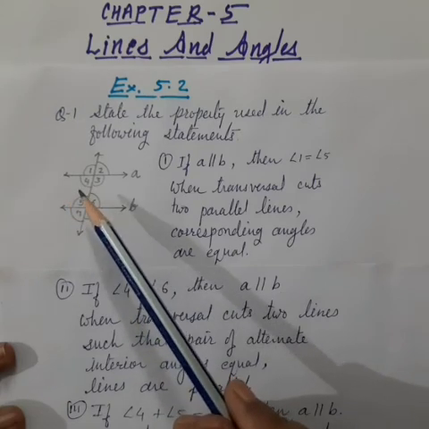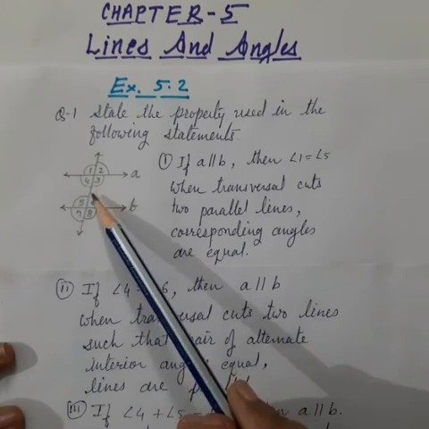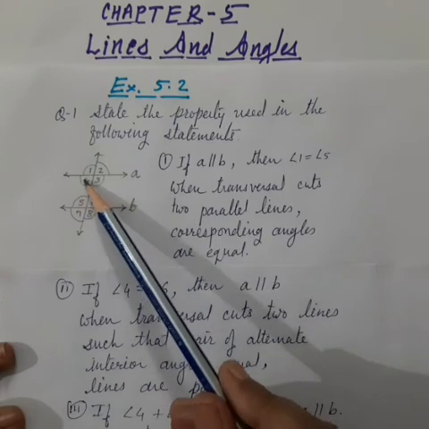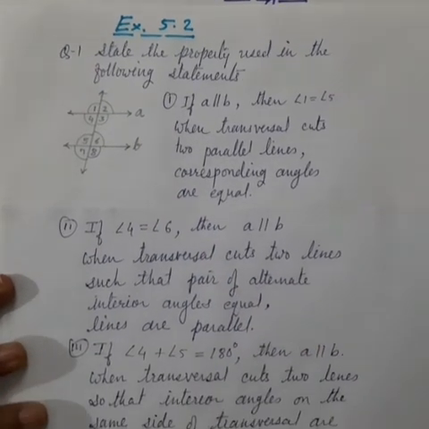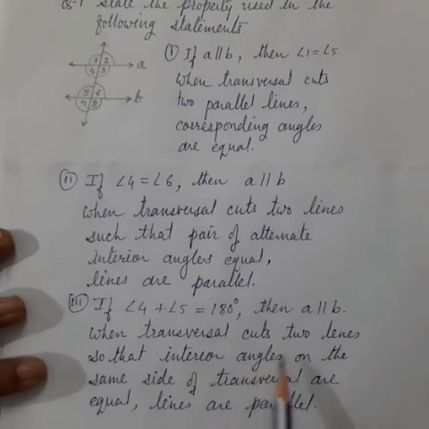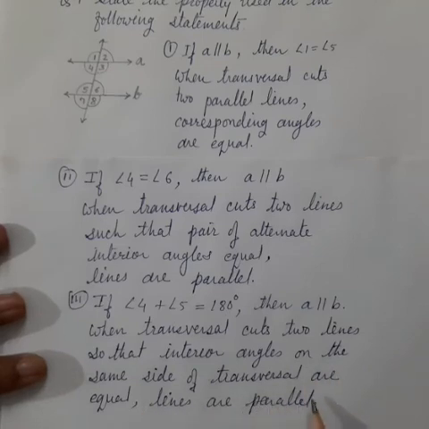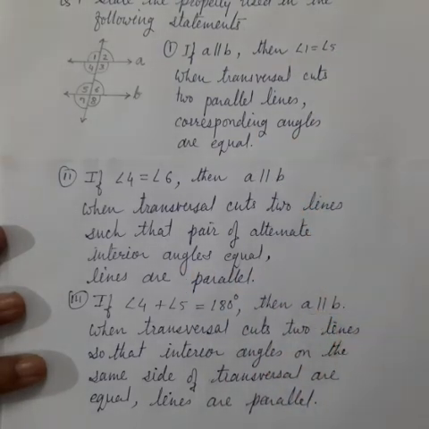And we know that when the interior angles on the same side of the transversal are supplementary, meaning the sum of these two angles is 180 degrees, the lines are parallel. So we write the same reason here: when a transversal cuts two lines such that interior angles on the same side of the transversal are supplementary, the lines are parallel. These are the reasons for these statements.